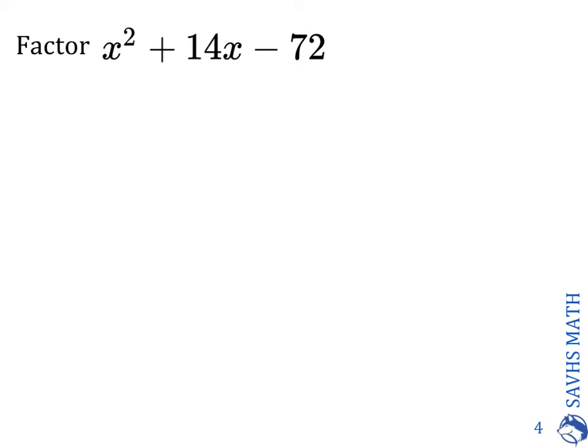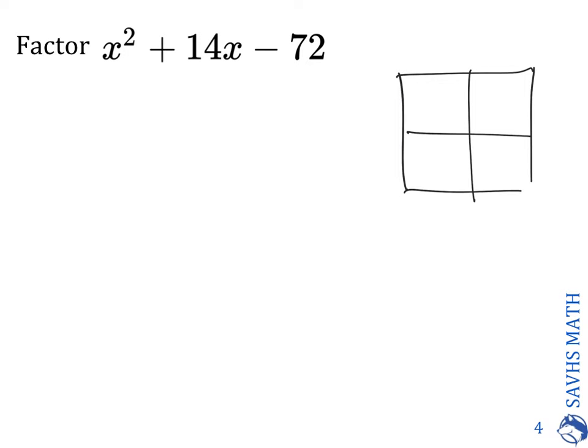So what we're going to do is start with a box method multiplication and think about how we would do this. When we combined our like terms on the previous problem, we got one that looked like this. We got one that looked like this. And then we had two like terms right here and right here. Here's the deal.